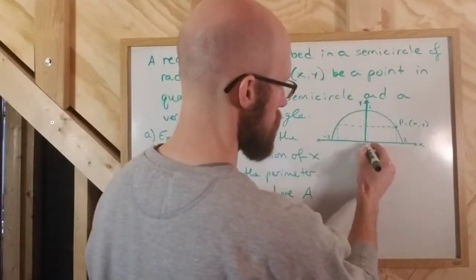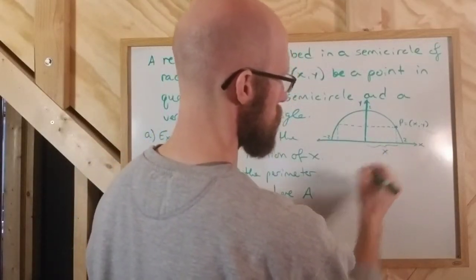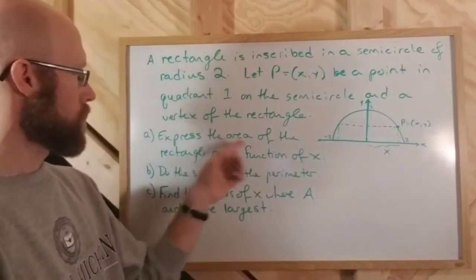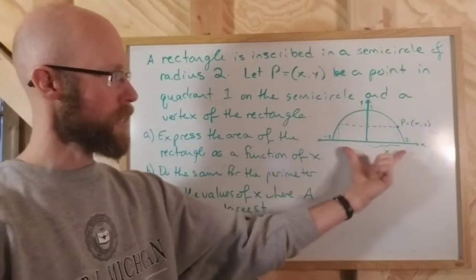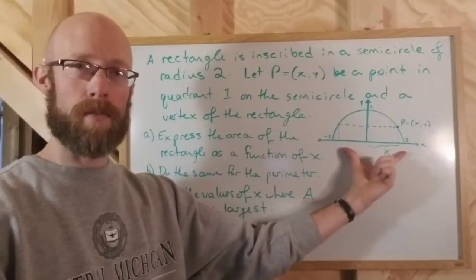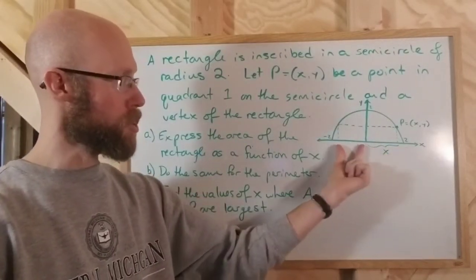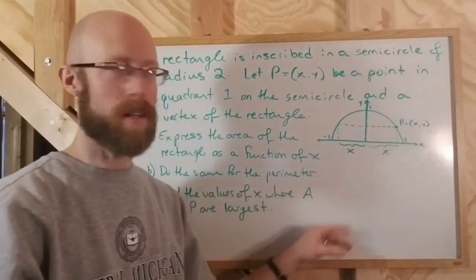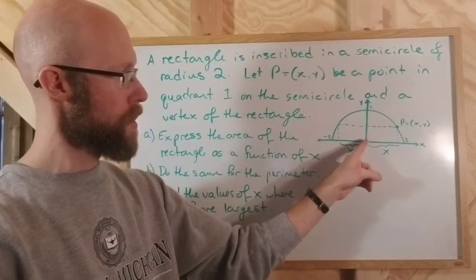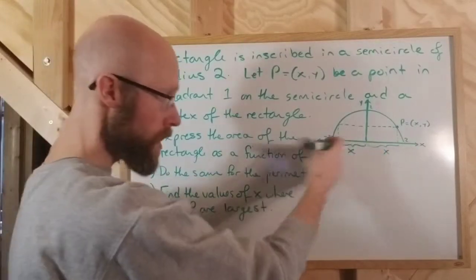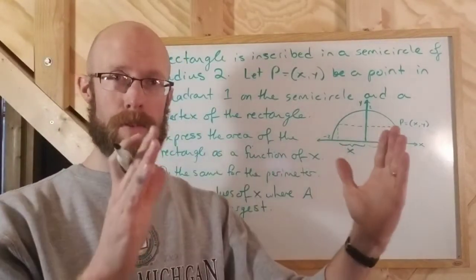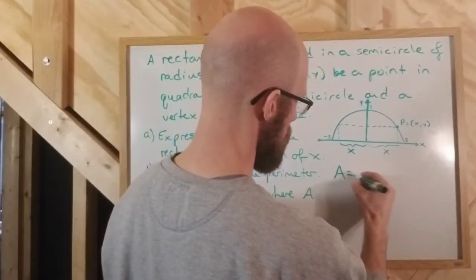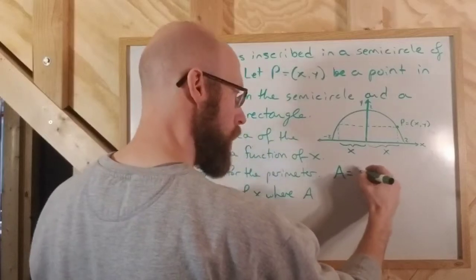Well, if this distance here is x, then area is the length times the width. Well, the length of this rectangle would have to be 2x because you have another x on the other side, right? That's your x coordinate going from the origin over. And because it's a semicircle, it's symmetric, so it's got to have the same amount on the other side.